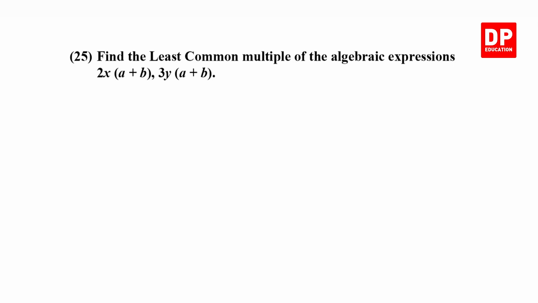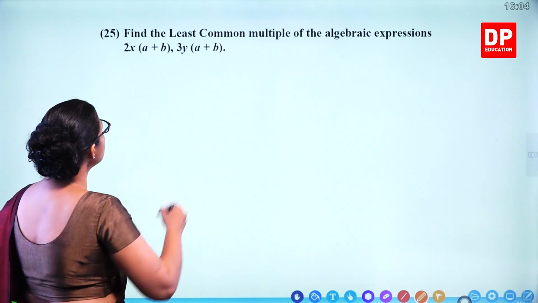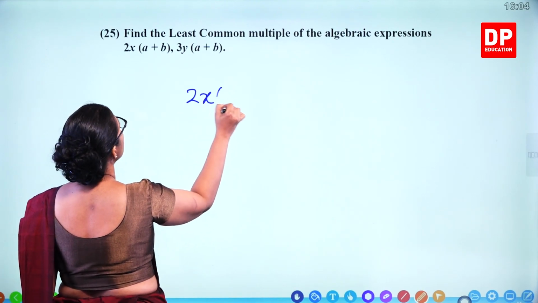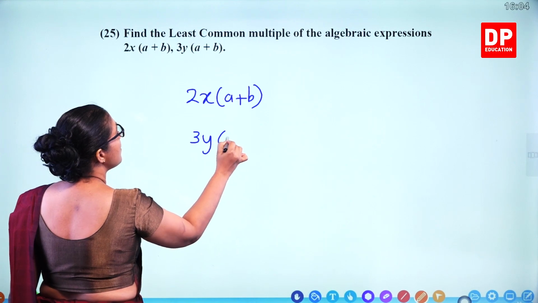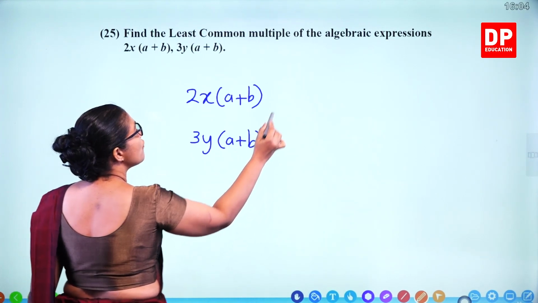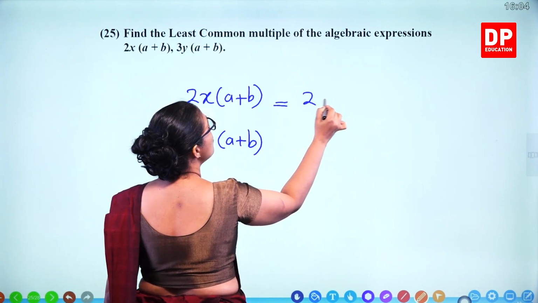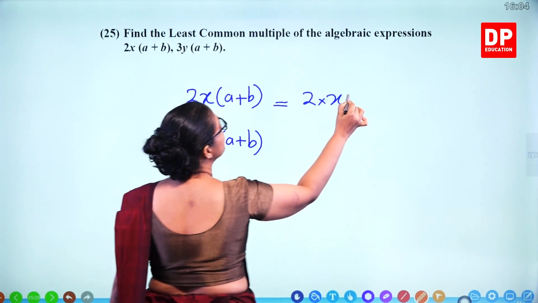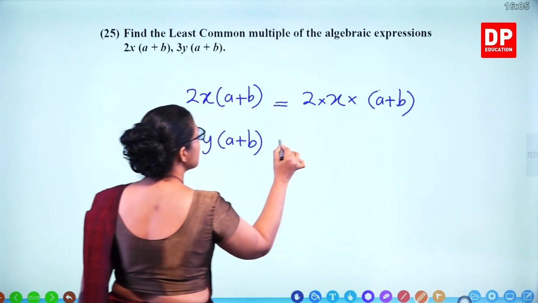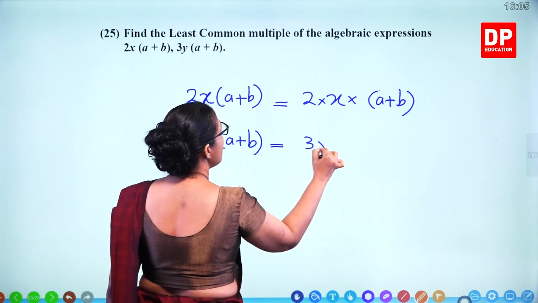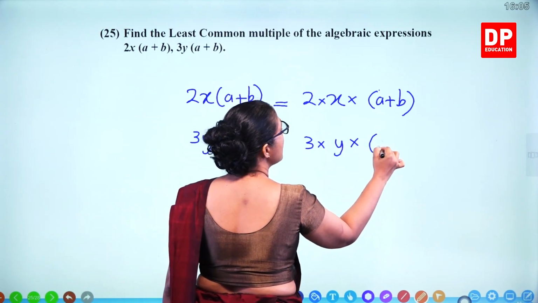Question number 25. Find the least common multiple of the algebraic expressions 2x(a plus b) and 3y(a plus b). So you have to find the factors. This is 2x(a plus b). Those are the distinct factors. Here 3y(a plus b).